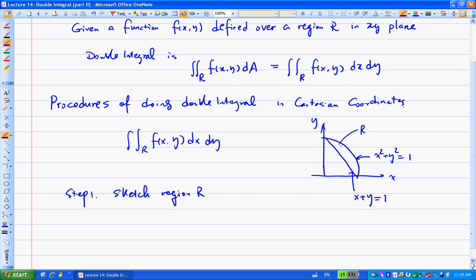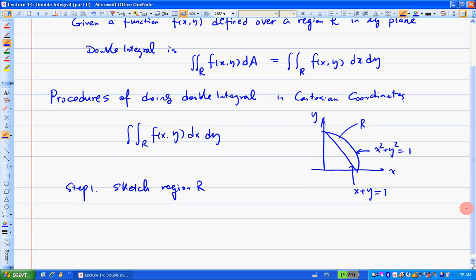For example, the question must be telling you region R is between this line and this part of the circle, so you draw the line, draw the circle, and then look at this common area sandwiched between these two.